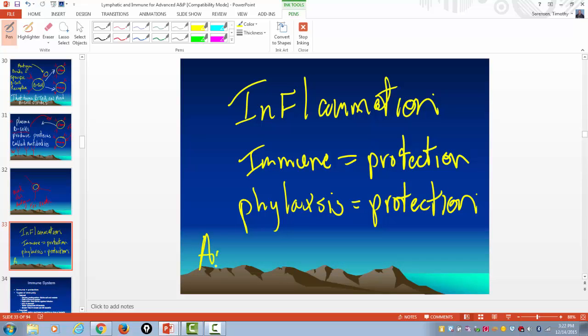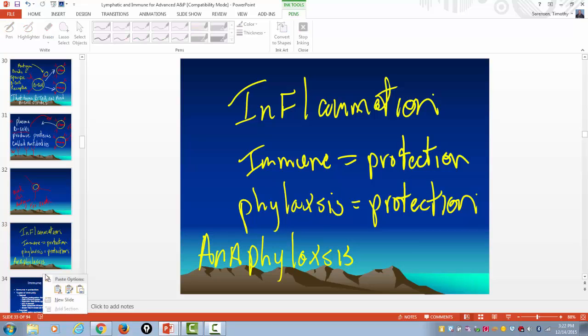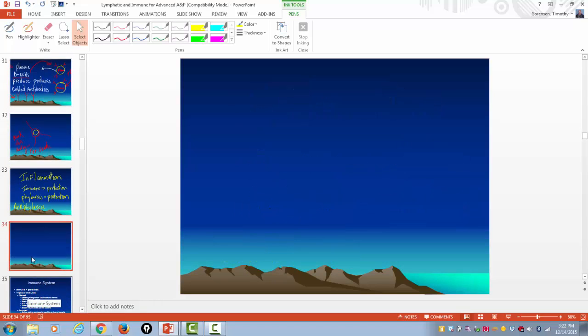If you are anaphylaxis, you are without protection. Or, in other words, a total body allergic reaction. So this differs from hay fever or a rash. This is a total body allergic reaction.